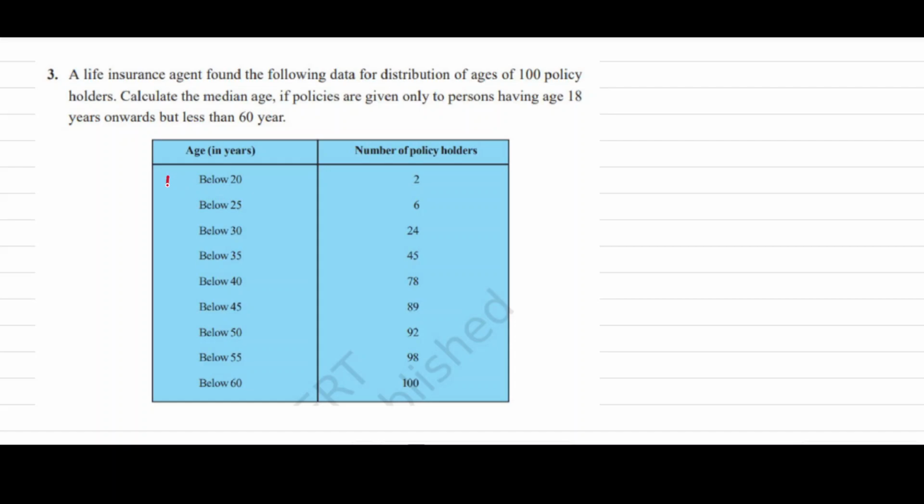So we should write here 18 to 20, then 20 to 25, 25 to 30, 30 to 35, 35 to 40, 40 to 45, 45 to 50, 50 to 55, and 55 to 60.